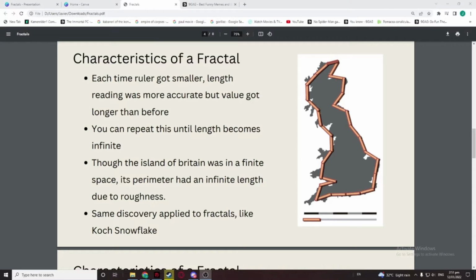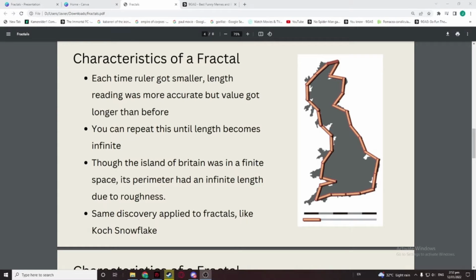Each time the ruler got smaller, you'd need more and more rulers in order to measure the entire perimeter of the coastline. And each time, the length reading will be more accurate, but the value will get longer than before.